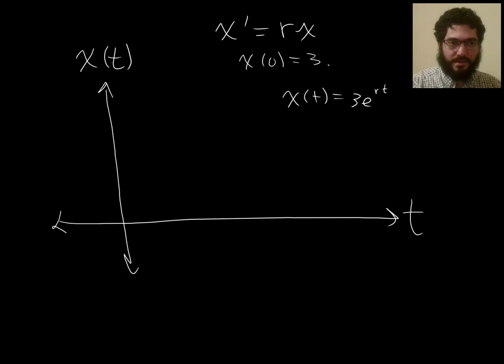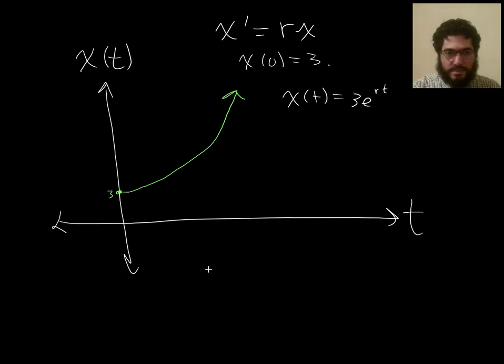Then you plot that and you get something in this picture here. The population starts at 3 and it increases exponentially from there. So this hopefully is a kind of familiar picture.